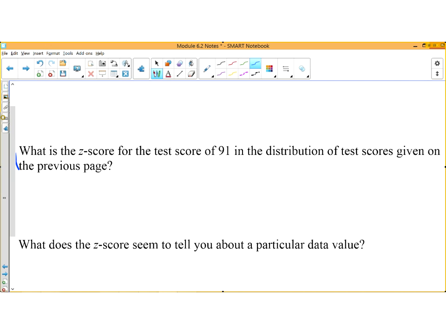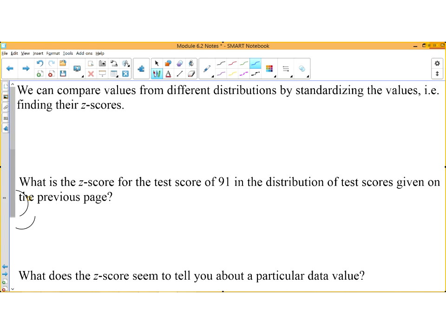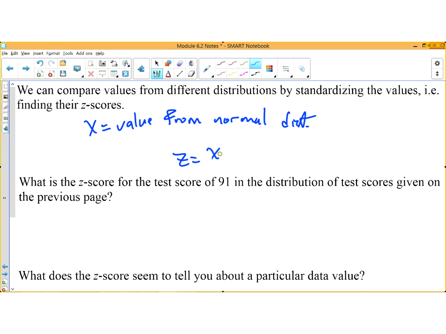Now we often talk about z-scores when we're dealing with the normal distribution. The z-score just tells you how many standard deviations a value is above or below the mean. If x equals a value from a normal distribution, then its z-score, we look at how far it is from the mean.